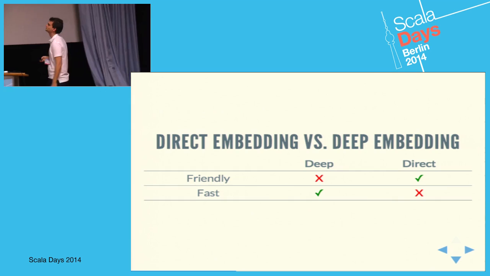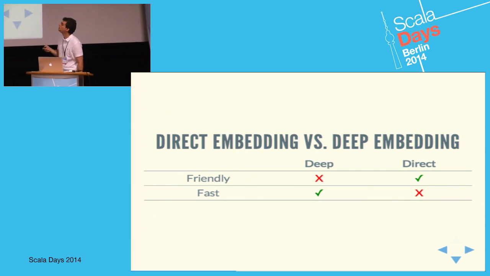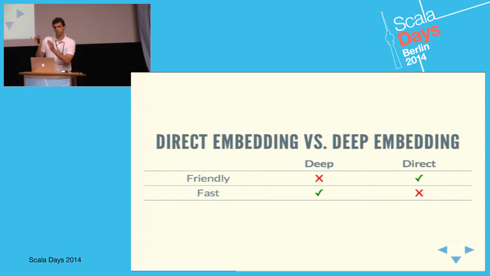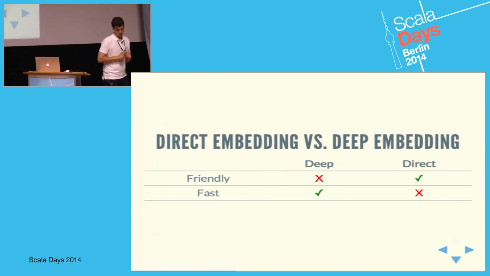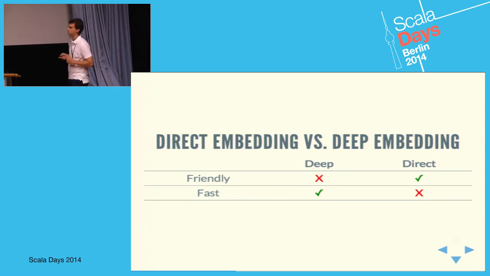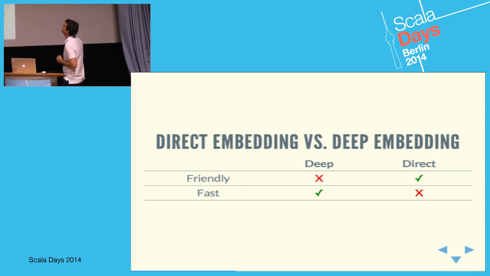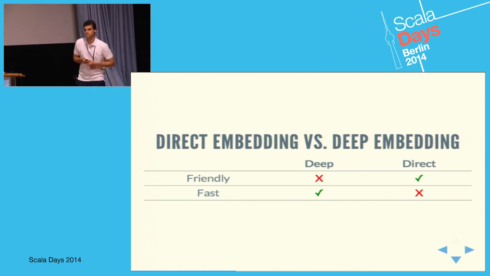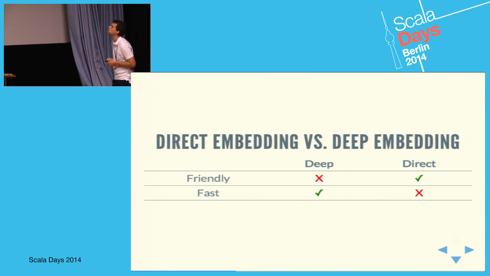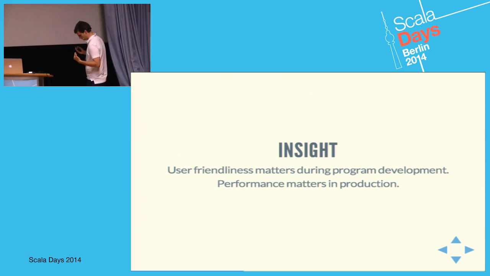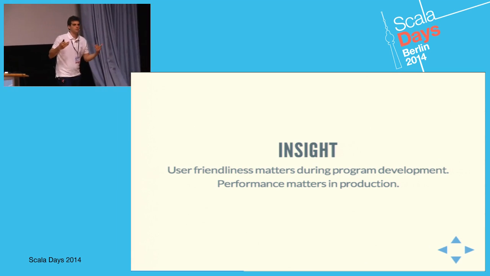So to summarize it in a table, look at it this way. Deep embedding is not user friendly. These are just the two problems I presented. There are a whole lot more, but deep embeddings are extremely fast. Remember SQL. And the direct embedding is user friendly, but it's slow. But essentially, when we develop code, we don't really care about speed.